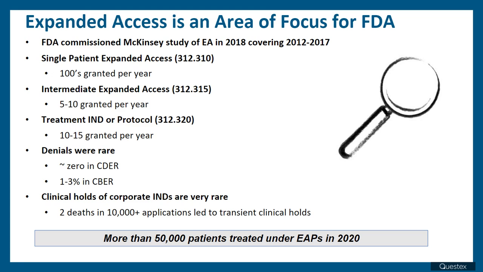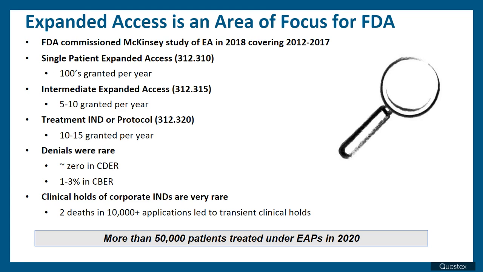As Kevin mentioned in his history section, expanded access is an area of focus. They commissioned a McKinsey study covering the period of 2012 to 2017 to try to understand how the process could be improved. As part of that review, they evaluated the number of expanded access programs granted year by year. It's historically not been as widely used as you might expect, with only a few hundred single patient programs granted per year.